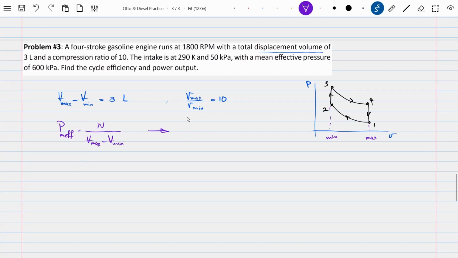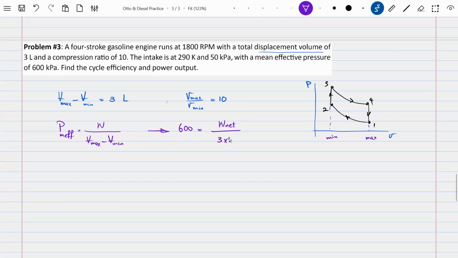I can go ahead and say, hey, the problem says this is 600 kilopascals. This will be the W net of 1 cycle over the displacement volume, which is 3 liters. Keep in mind that you have to have unit consistency. Liter is not a unit that we use in our equations. Meters cubed is.